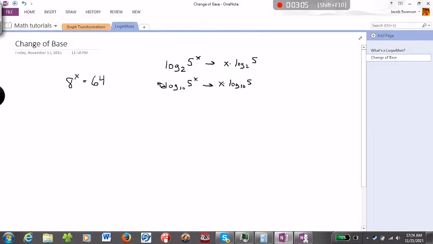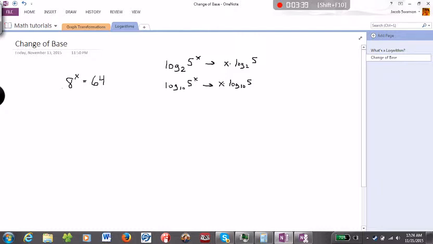Keeping that in mind, I'll leave that there, because that might be important for you to look at. When we take the logarithm of both sides, we want to be able to cross out the logarithm of base 8 so that it equals 1.